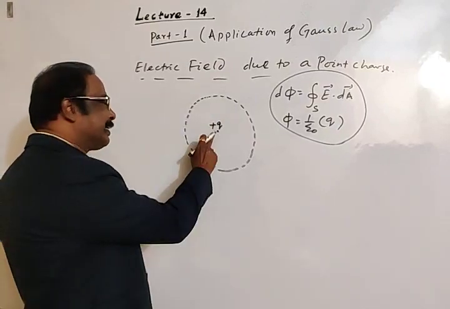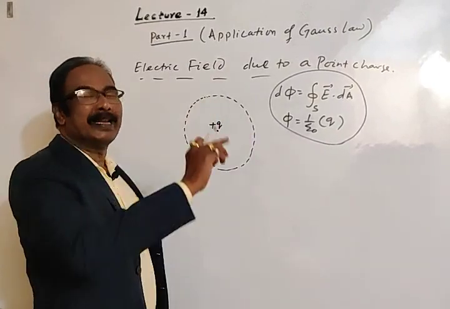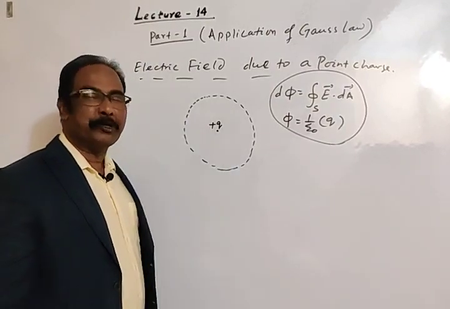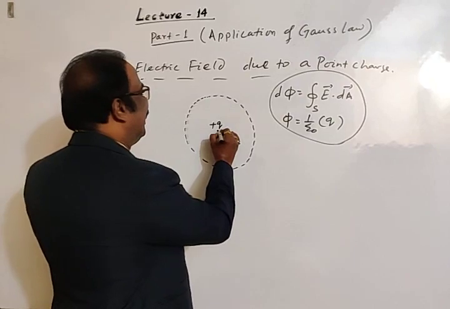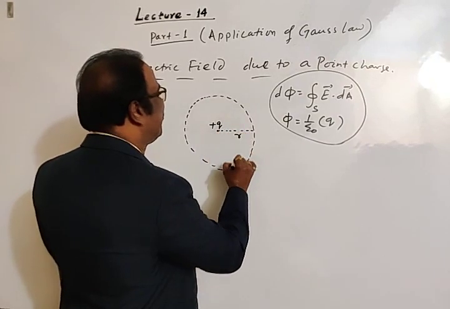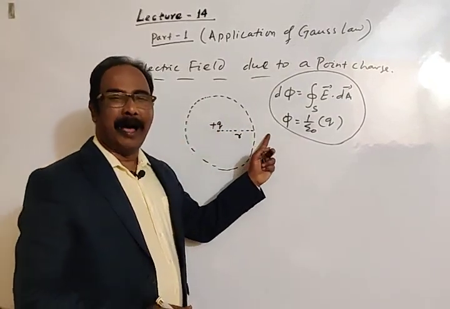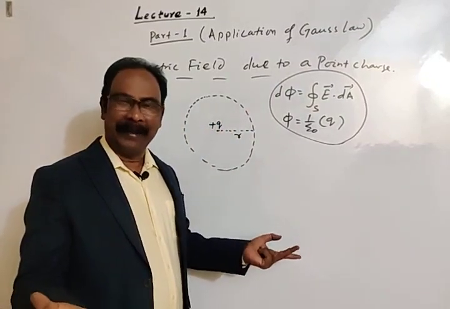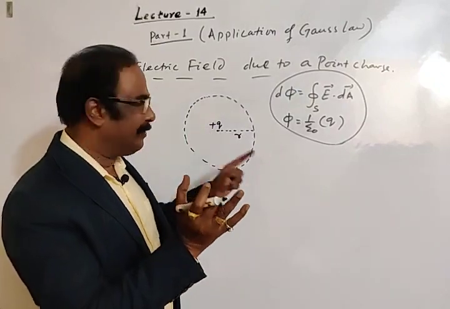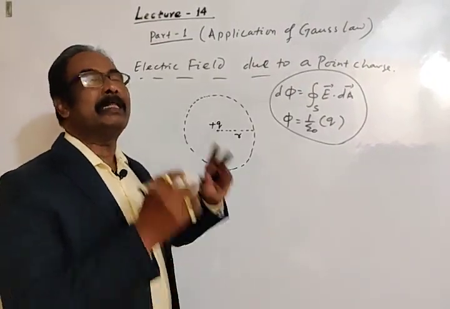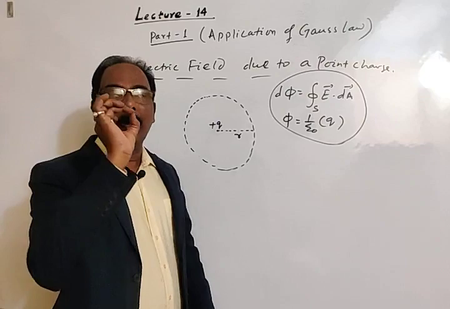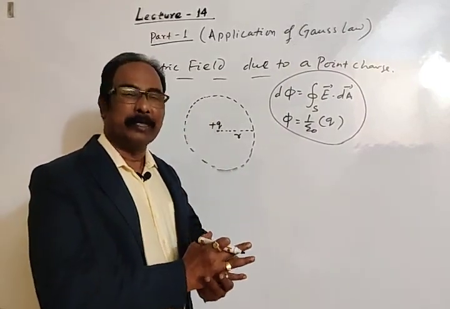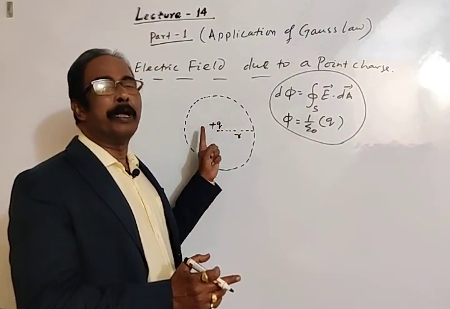This is the charge inside the Gaussian surface, thus this imaginary surface encloses a charge Q. Let's take any distance r, means at a distance r from the point charge we have to find the electric field. We have already imagined a Gaussian surface, a spherical surface around the point charge, which encloses a charge Q.